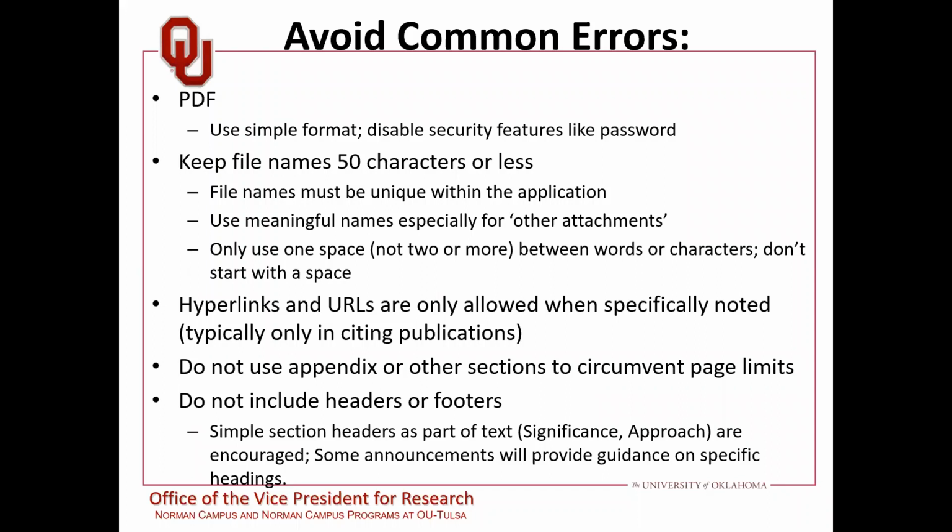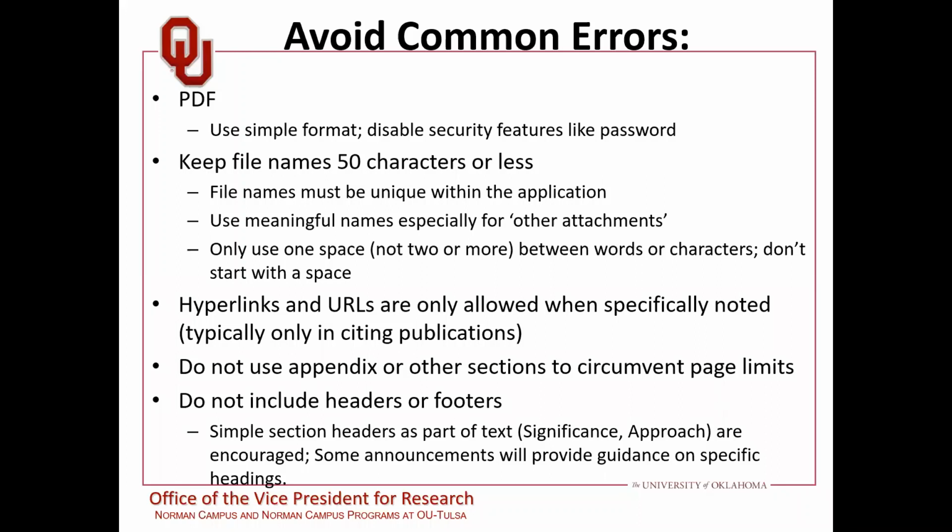You can only use hyperlinks or URLs when the guidelines tell you that they can be used. Most of the time in the research strategy, they're not allowed. Their thought being that reviewers are not going to go to a hyperlink to look at information that you have posted. And if they did, it would give you an unfair advantage over someone else who didn't provide information in that manner.